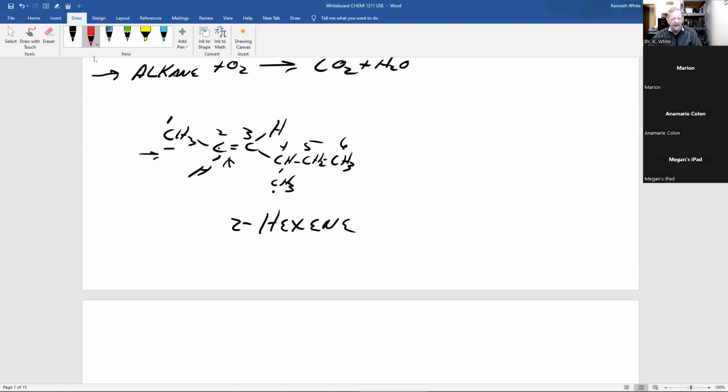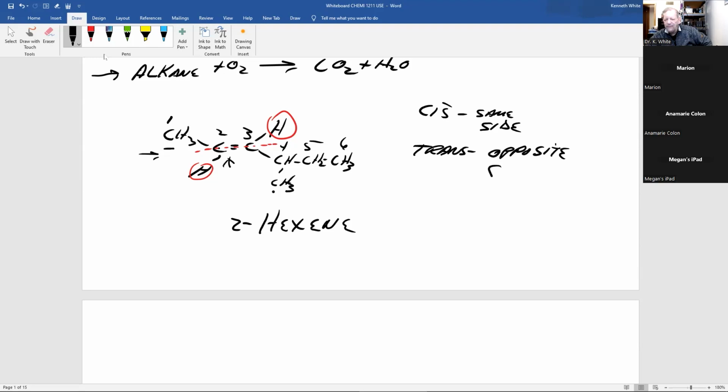Now, if you had a plane going through the double bond, or think of it as a line, notice these hydrogens are on opposite sides. When you have two atoms or groups, one on each carbon of the double bond, on the same side, that's called cis.